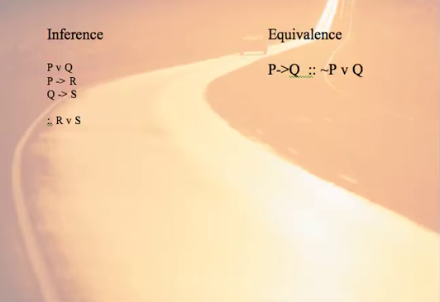Say you had line 1 here, and you were supposed to conclude, dollar sign. It doesn't matter what we're trying to conclude. Next line of the proof, you could write something like this. Line 2, not P or Q, from line 1 by rule of material implication.